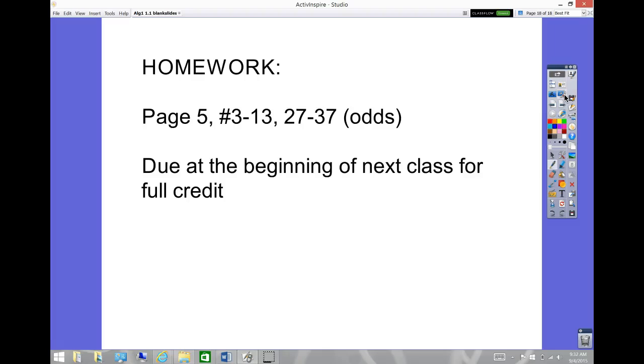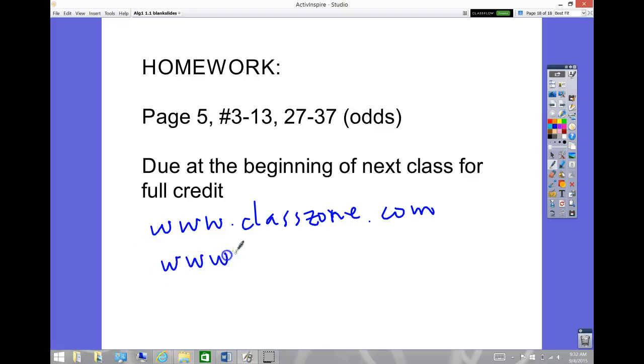So remember that there are a couple resources that you've got here. One of them is the textbook website, which is classzone.com, and then there's another one which is Hot Math, which is tutoring.